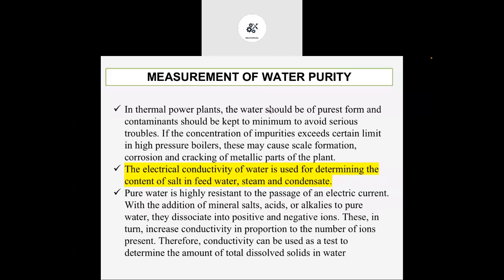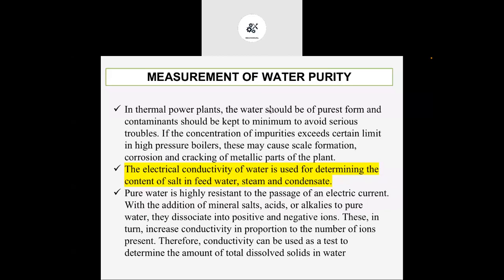But in nature, there is very little pure water available. Whenever water flows through a river, some salt is dissolved into it and some other contaminants are present inside it.